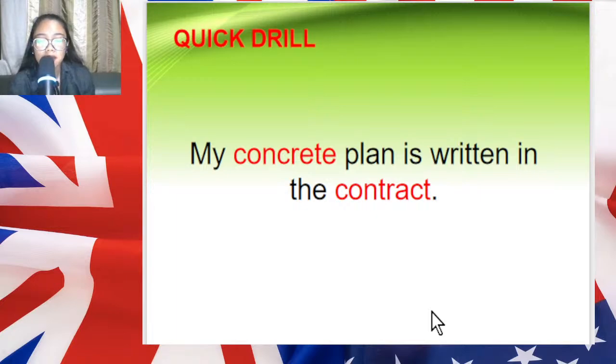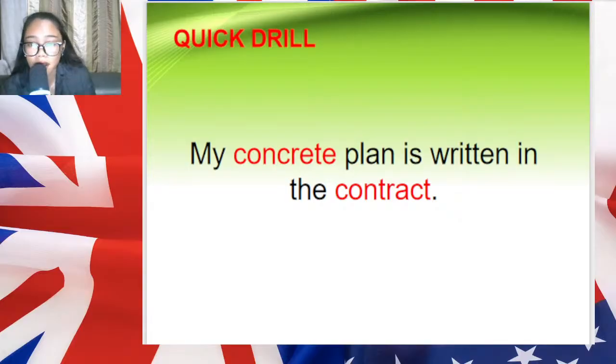The sentence is: my concrete plan is written in the contract. Both words put stress on the first syllable, because this is not the same word. It's quite different. Concrete, contract.